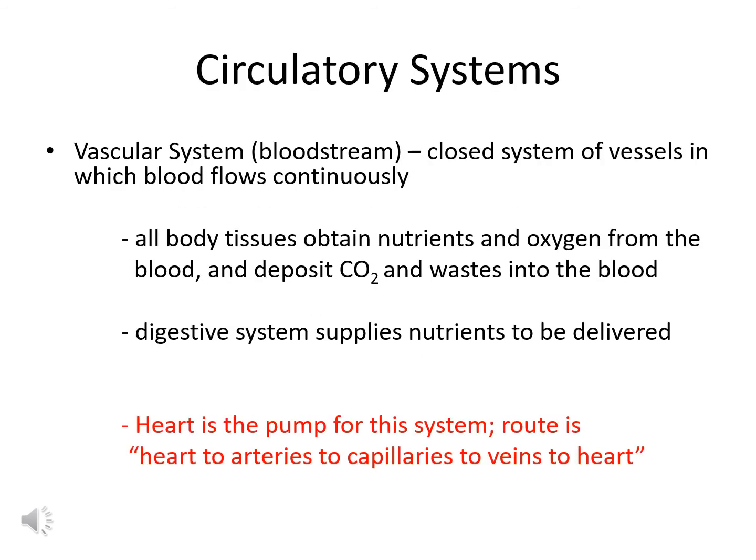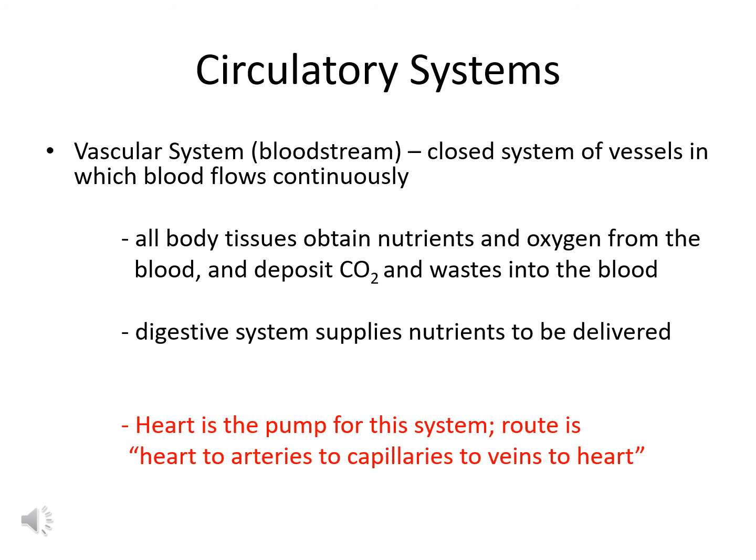So the water-soluble nutrients, as I mentioned, can go directly into the bloodstream. This is also referred to as the vascular system. Very simply, it's a closed system of vessels in which our blood is continuously flowing. All of our body tissues and cells obtain nutrients as well as oxygen from the blood, and they also deposit any carbon dioxide or waste products back into the blood for them to be disposed of.